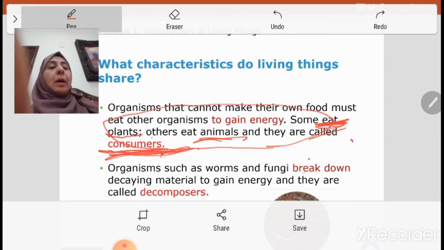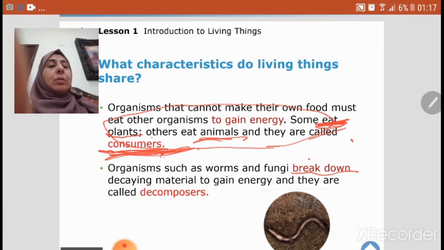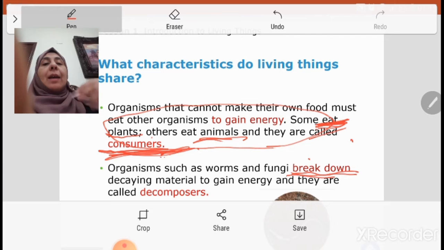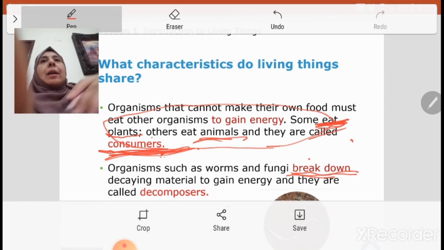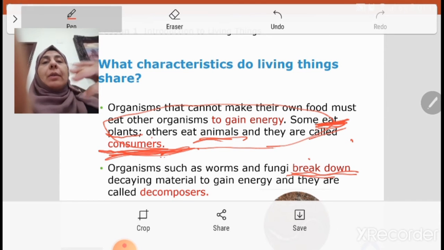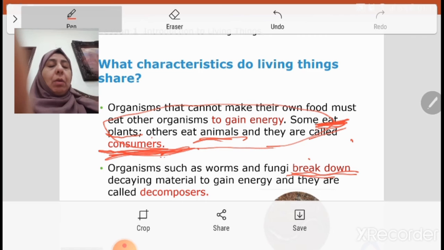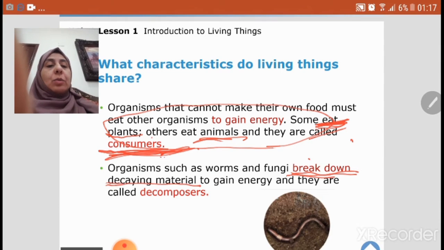They get it by breaking down dead organisms, the leftover dead materials, or the remains of dead organisms. So, decaying materials, we said.